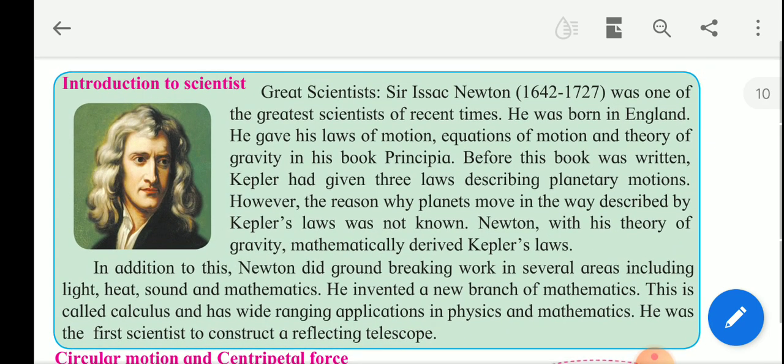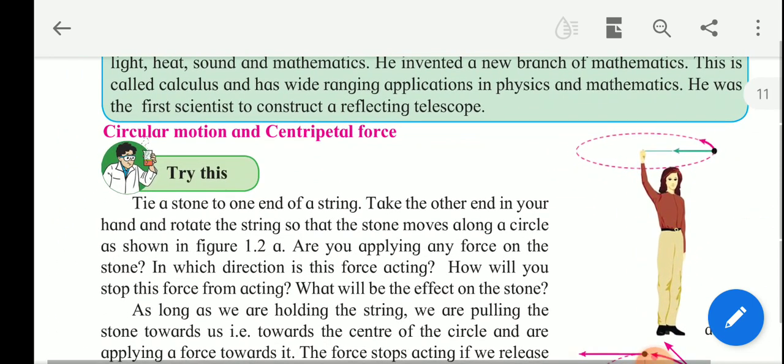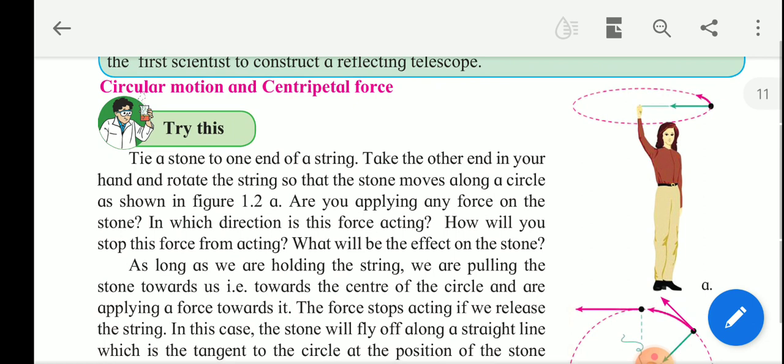In this chapter, next we are going to learn about circular motion and the centripetal force. Whenever an object performs circular motion, it means it is moving in a circular orbit. If you observe a fan, the tip of the fan's blade is performing a circular motion, or a Ferris wheel, a giant wheel.